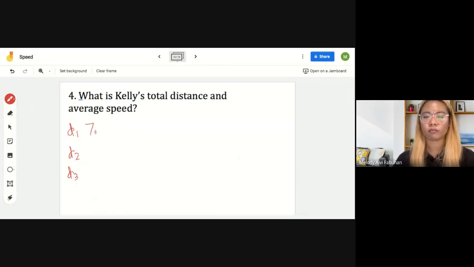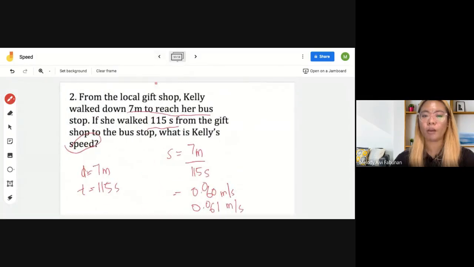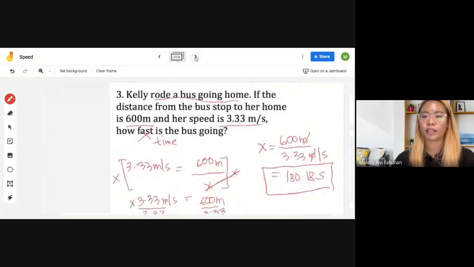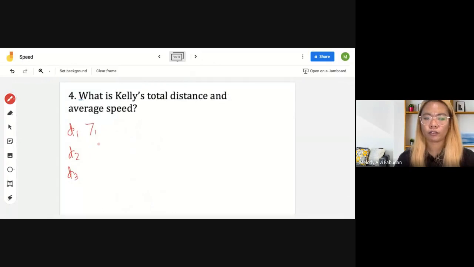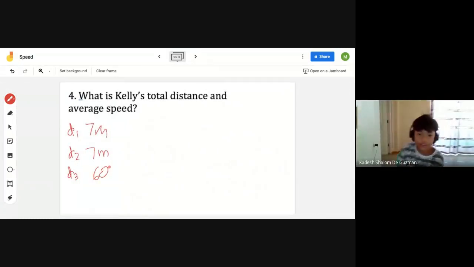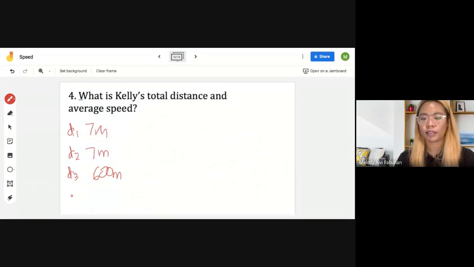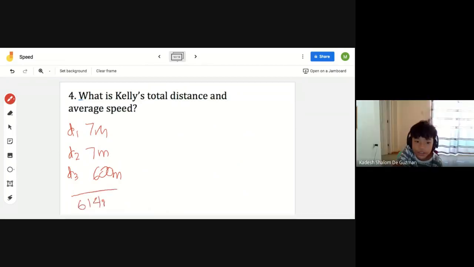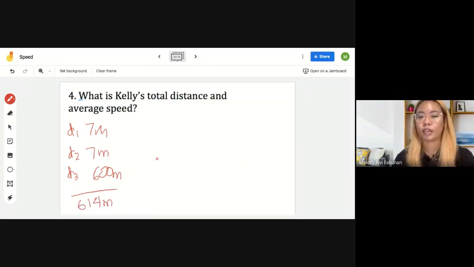The second one is from the gift shop going to the bus stop, so that's another 7 meters. Okay, and then another 7 meters. And then from the bus stop, going to her house, that's 600 meters. So the total distance is 614 meters.